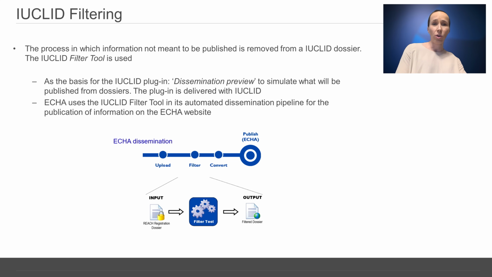The filter tool is used as the basis for the Euclid plugin dissemination preview that allows to simulate what will be published from the Euclid dossiers. ECHA uses the Euclid filter tool as the basis for its Euclid registration dossier processing in the ECHA dissemination pipeline, to make available non-confidential dossiers on the ECHA website.